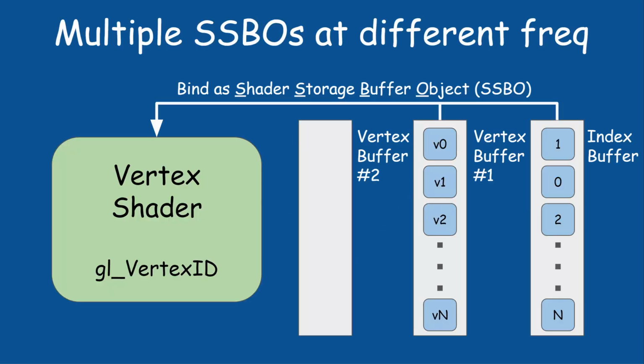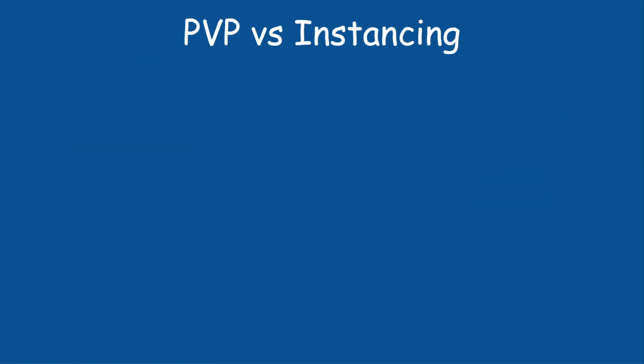Another possibility is to bind multiple SSBOs and access them in the VS in different frequencies. For example, we can have an SSBO with the per vertex data and an SSBO with the per primitive data. If you are familiar with instancing, then the two techniques may look the same.